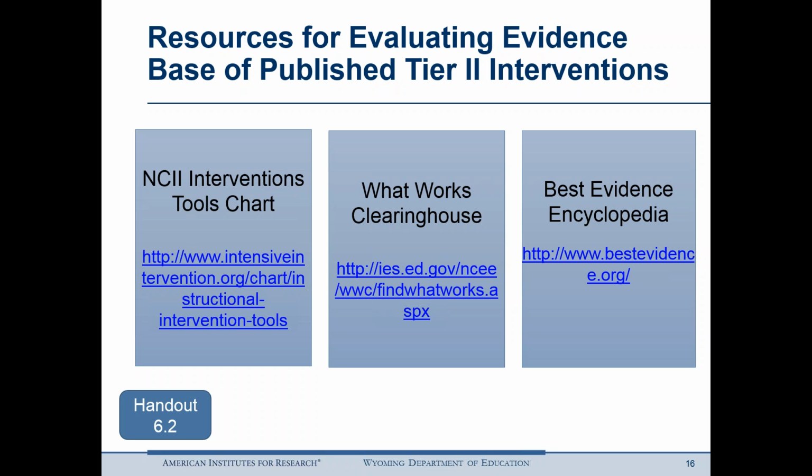What Works Clearinghouse covers a much broader array of domains, although the criteria for what's considered evidence-based is quite high compared to NCII or Best Evidence Encyclopedia. As a rule of thumb, just like you would for students, consider looking at all three websites when evaluating the effectiveness of the chosen intervention.